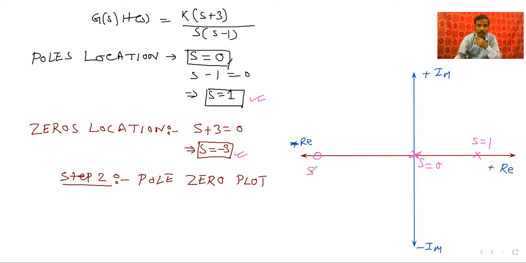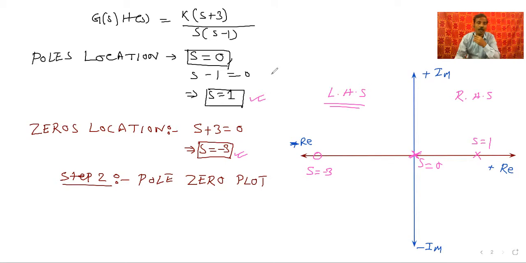This is the left hand side and this is the right hand side. What is the definition? If all the poles and zeros are on the left hand side of the S-plane, then the system will be stable.